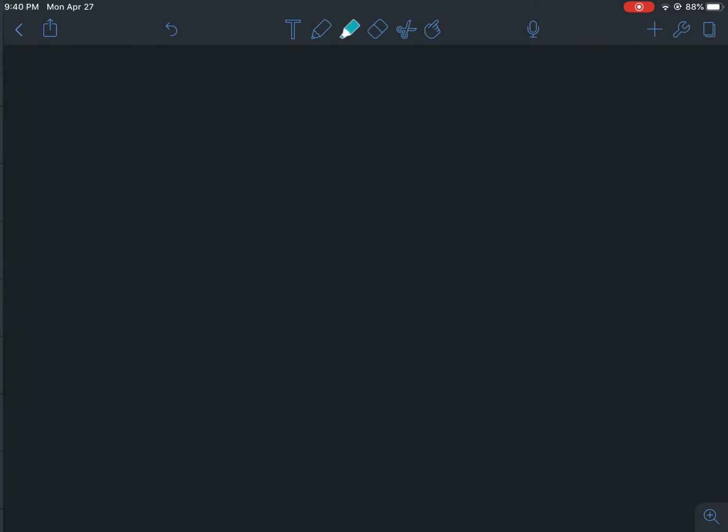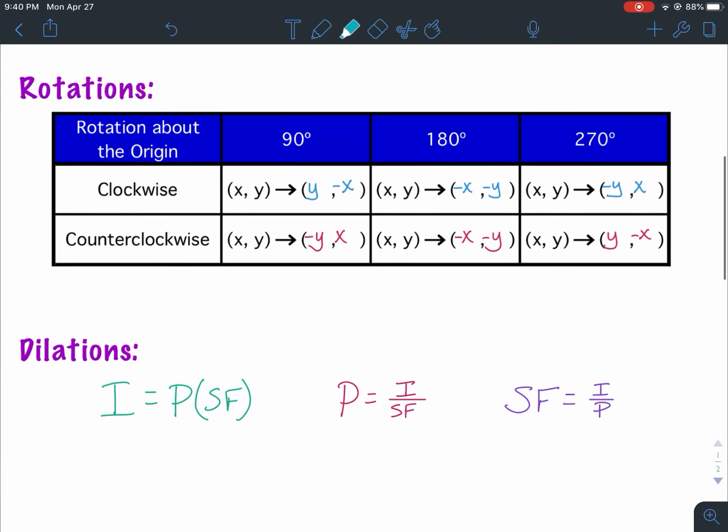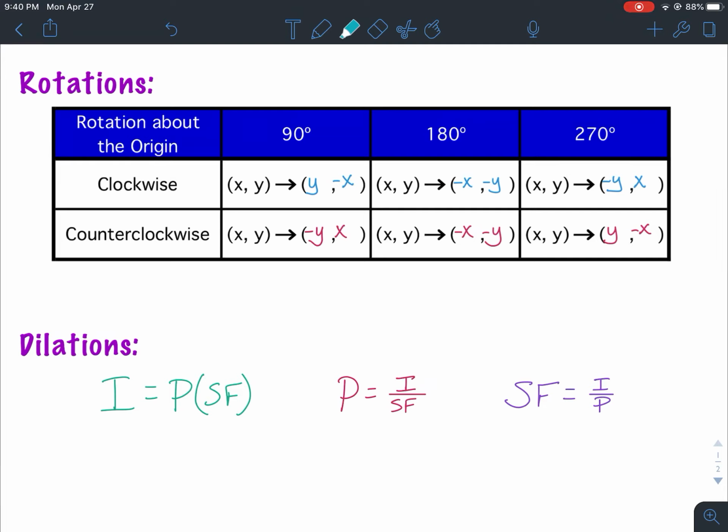If I go over to our transformations guide, and I'm looking for y, negative x, which is right here, and down here, that means it is 90 degrees clockwise or 270 degrees counterclockwise.